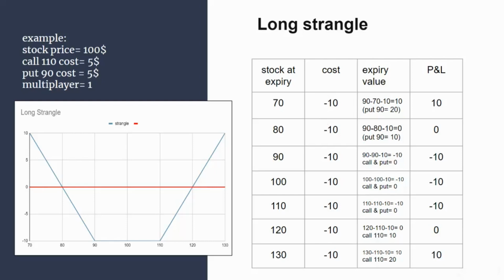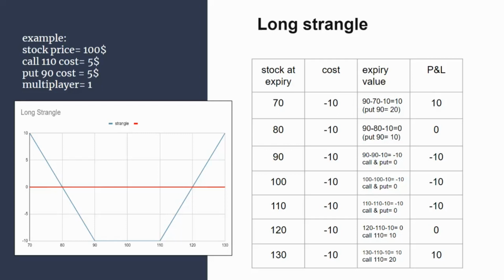So, of course, remember that when we bought a naked call option, just like in this example, that means that the call 110 expired out of the money and is worthless, and we lost $5 over it. But the put 90 that we bought entered the money and gave us a very nice profit of $20.